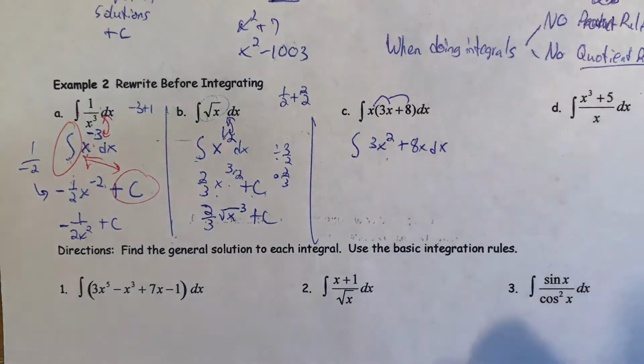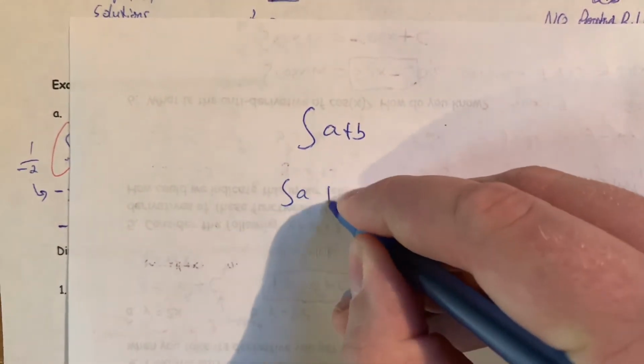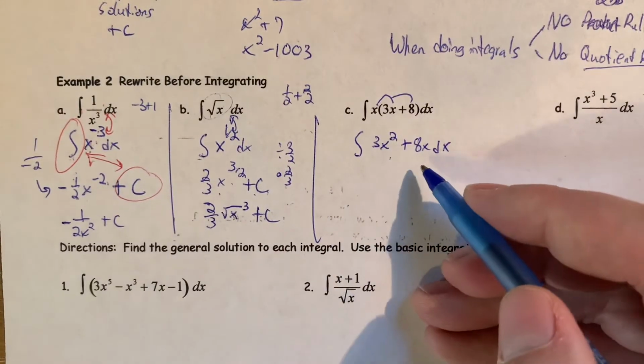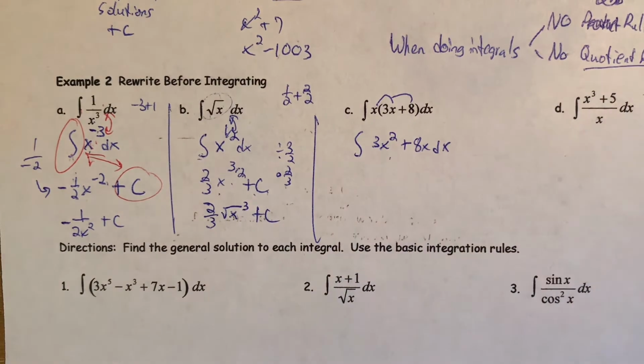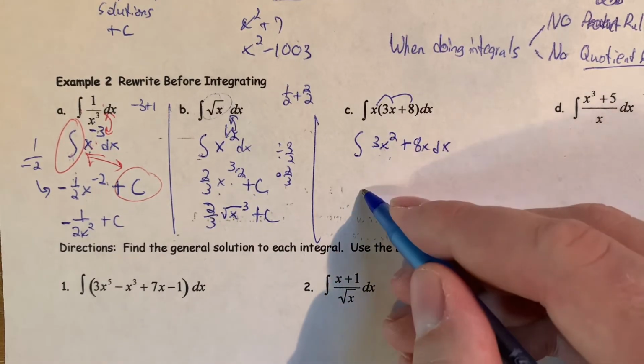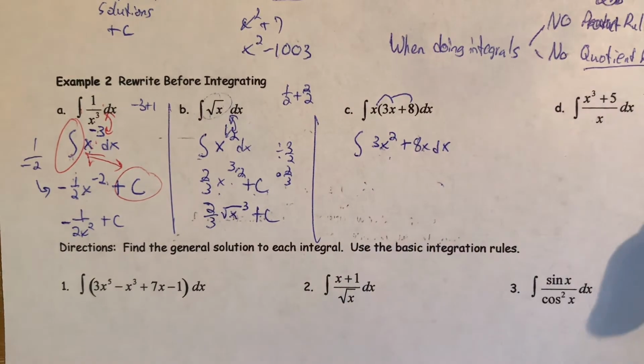Remember when we were doing our integral properties, we said that the integral of a plus b is the integral of a plus the integral of b. And so we can split this up. We can now see that the derivative rules will just say, find the antiderivative of this one, find the antiderivative of this one. Those will both give you the right derivatives.